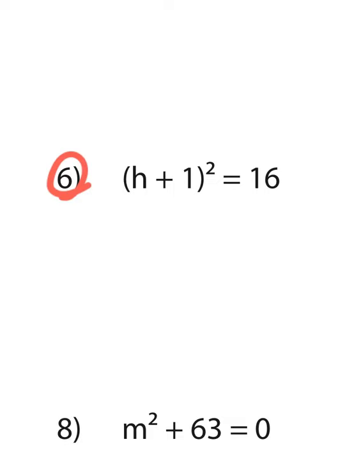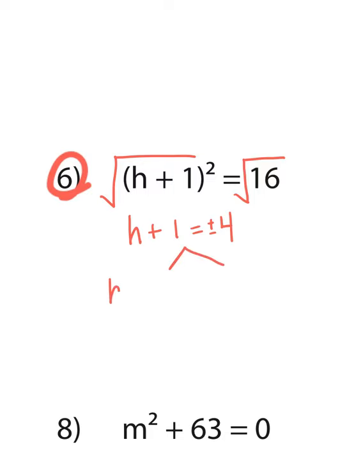I'm going to take the square root of both sides. When I take the square root of h plus 1 squared, I get h plus 1 equals the square root of 16, which is 4, and it's a plus or a minus. So now I have to break this down into h plus 1 equals positive 4, and h plus 1 equals negative 4.